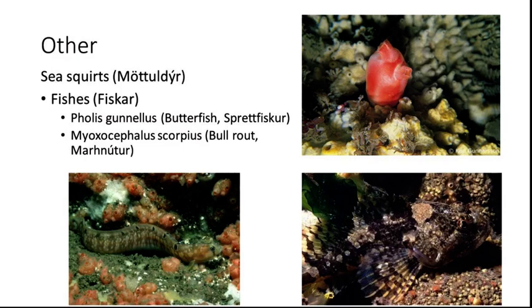Of the soft-bodied invertebrates, the sea squirts, the pink one you see here on the top right picture, are actually close relatives to us bony animals. Then, of course, in the seashore there are some fish species that can live in very shallow waters, primarily the butterfish and also the bull roach, sometimes called the father lasher.